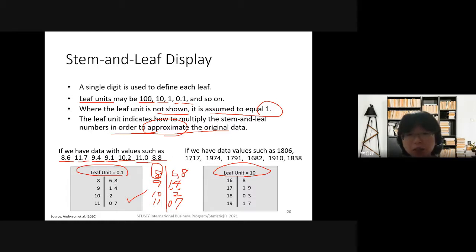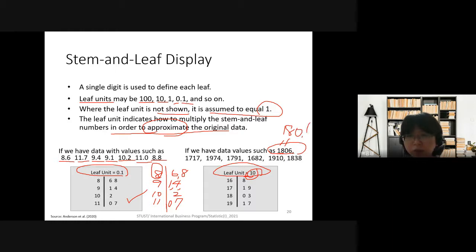Sometimes the leaf unit is 10. For example, the data is 1806 and your leaf unit is 10.